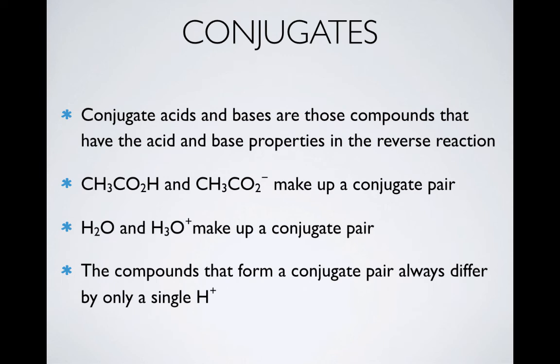So in the reverse reaction, H3O+ would be acting as the acid, and H2O would become the base on the other side. If we look at these two compounds, we see that our conjugate pair only differ by that single H+, and that's key. It can only differ by a single H+.